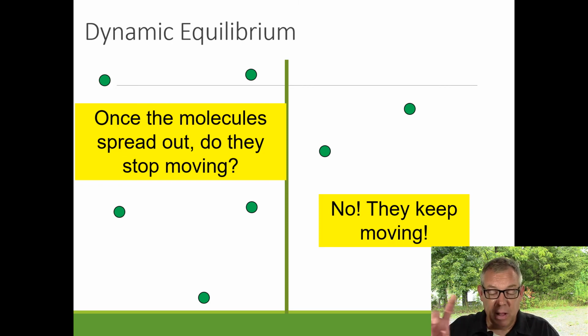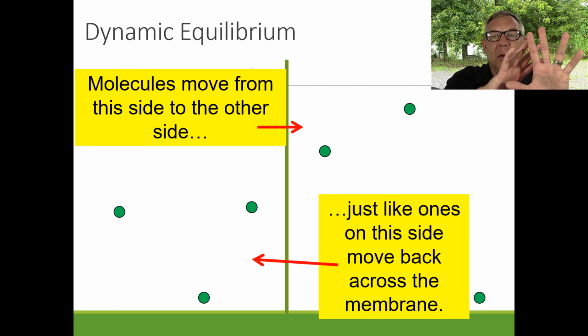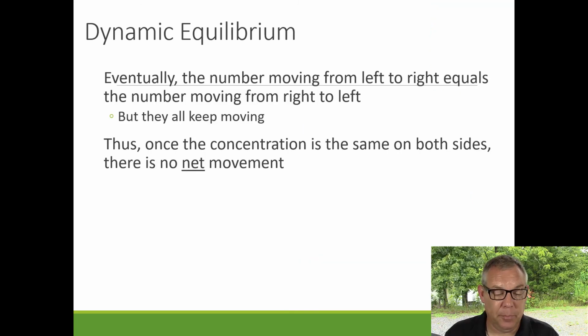Again, just picture these molecules moving at random. Some are going to go from left to right, but once they've spread out evenly, an equal number will move from right to left. And so although the molecules are moving, you don't have any net movement.